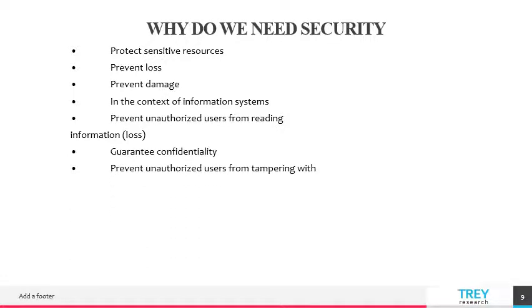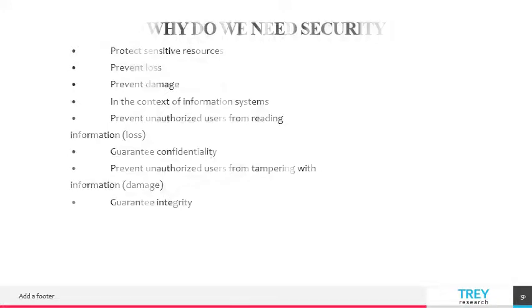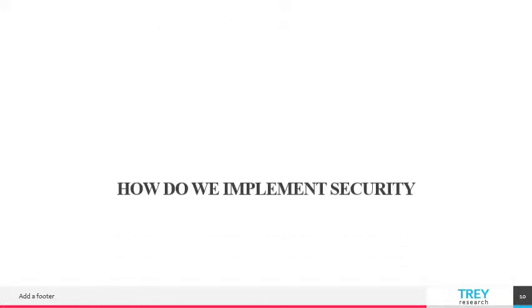Okay. Prevent unauthorized users from tampering with information. Tampering here means maybe damaging files or tampering with information that you consider very confidential. Guarantee integrity. Understand what we mean by integrity.